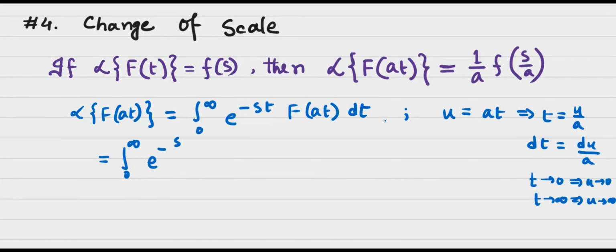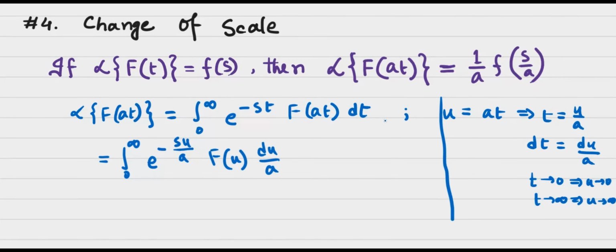But then we have negative s divided by a times u. Of course, I can write it as s divided by a into u, and that's what I was initially going with. And then I have f of u, and then I have du over a.